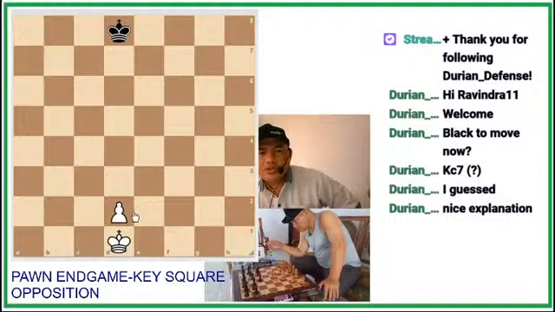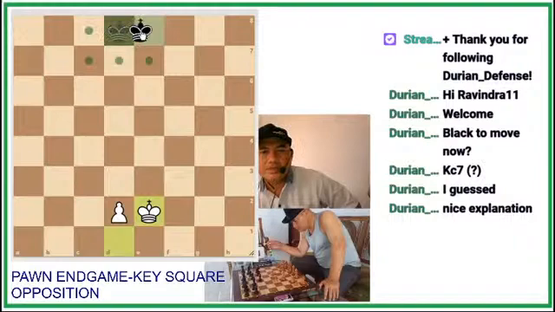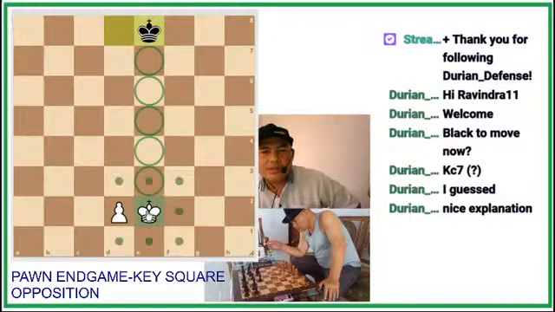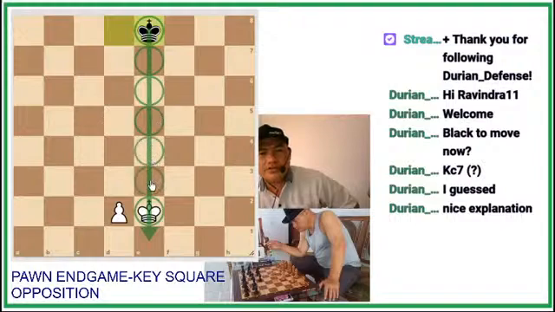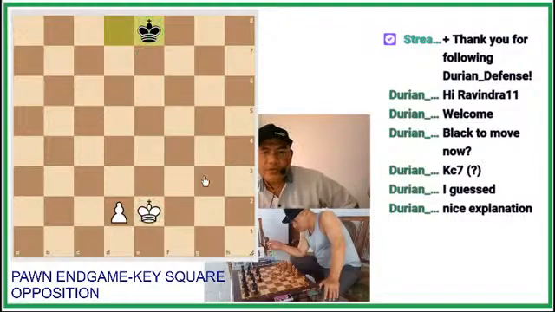The distant opposition is the state where the black king and white king are on the same file, and there are 3 or 5 squares in between.